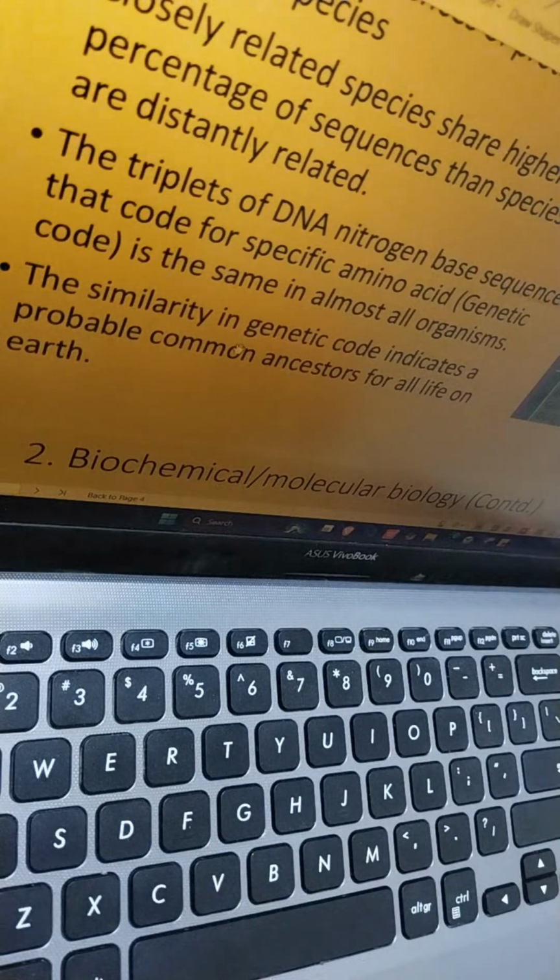The similarity in genetic code indicates a probable common ancestor for all life on Earth.